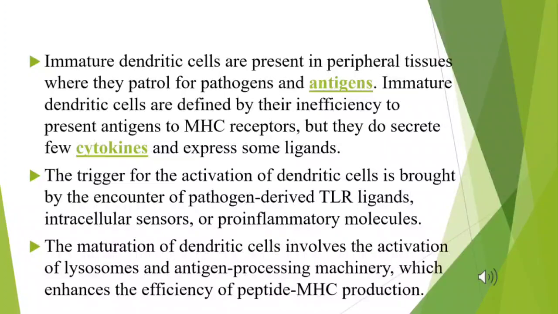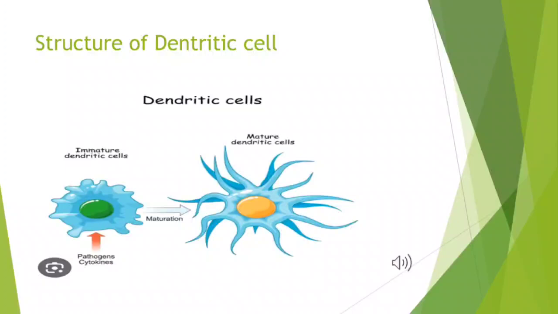And the trigger for the activation of dendritic cells is brought by the encounter of pathogen derived TLR ligands, intracellular sensors, or pro-inflammatory molecules. The maturation of dendritic cells involves the activation of lysosome and antigen processing machinery, which enhances the efficiency of peptide and MHC production.